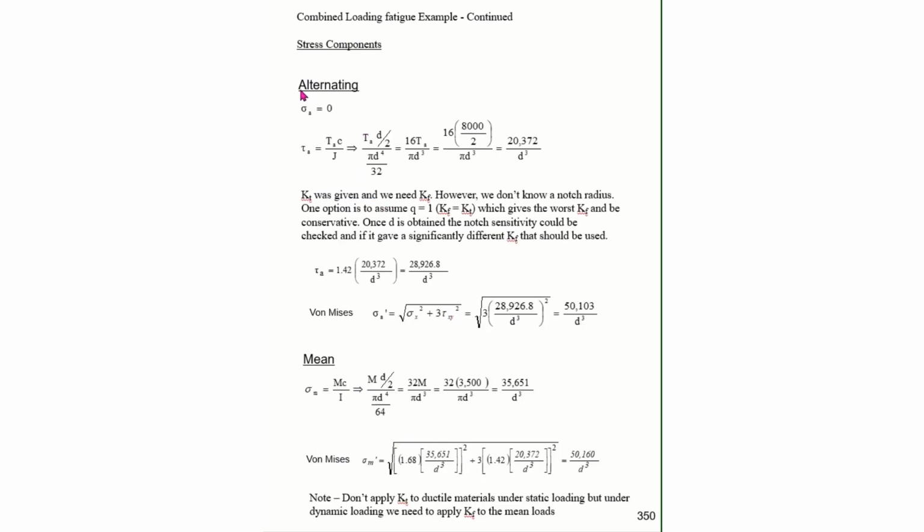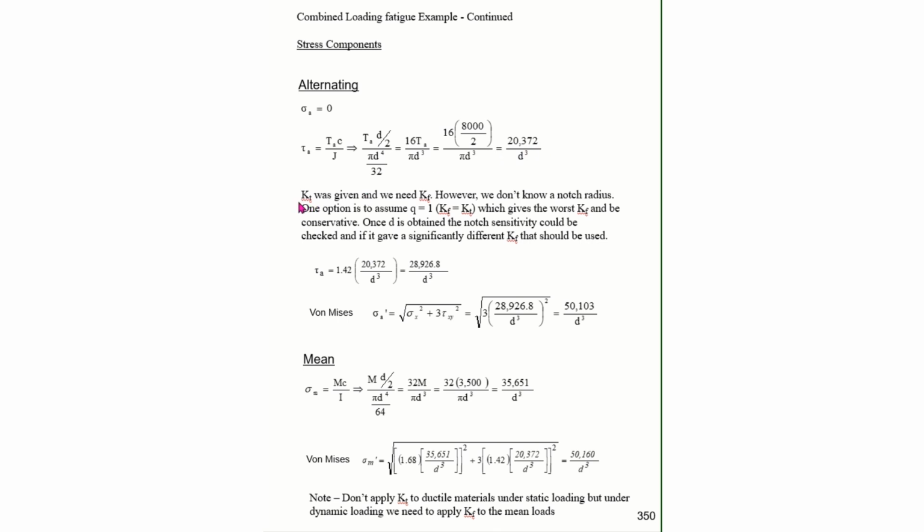Computing the alternating stress, I know there are no normal alternating stresses, so sigma A is equal to 0. But I have an alternating shear stress due to Tc over J, and I can compute that value.